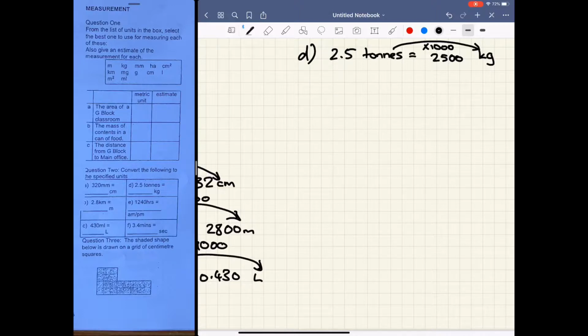E, 1,240 hours. Now this one I'm not too sure what it's referring to here. It's asking for an AM and a PM.